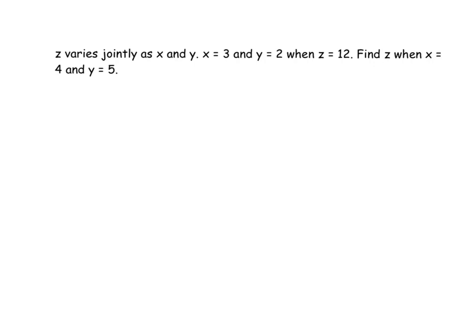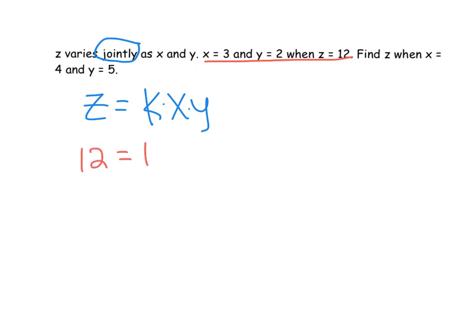In this example, we see that we have a joint variation. It says z varies jointly as x and y. So that's how I'm going to write that out, and those are being multiplied. We're given this piece of information when x is 3 and y is 2, and it occurs when z is 12. So I'm going to plug that in. So 12 is z. We don't know k yet, but that's what we're trying to solve.